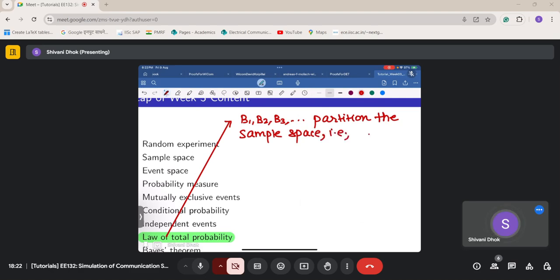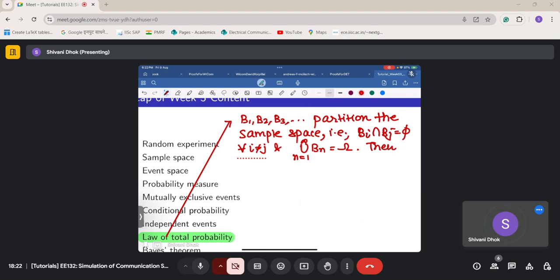That is, Bi intersection Bj is phi for all i not equal to j, and the union of these events is my sample space.